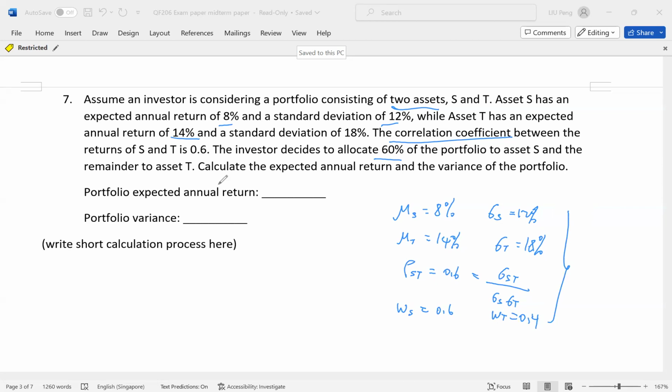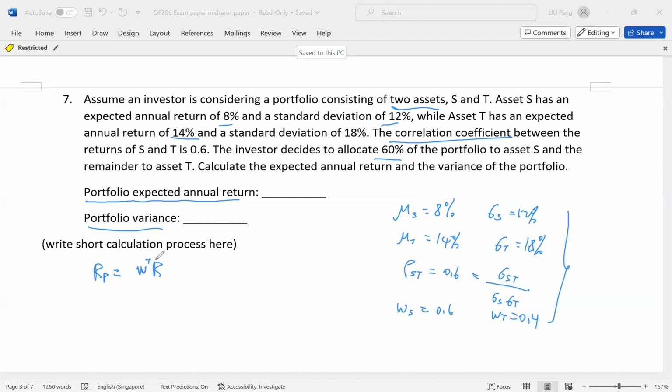So we're asked the question. The first one is the portfolio expected annual return and portfolio variance. Again, we recall the definition of portfolio level return and risk, right? So the portfolio return, R P, where R is for return, is defined as a weighted sum. We weight by W, and W here is a vector, and then by the vector of individual returns.